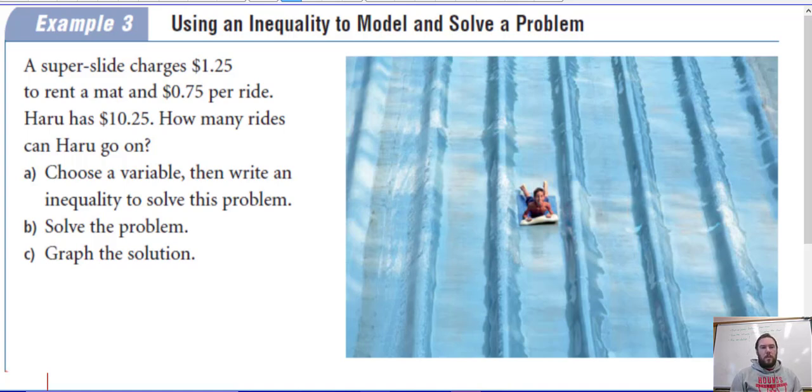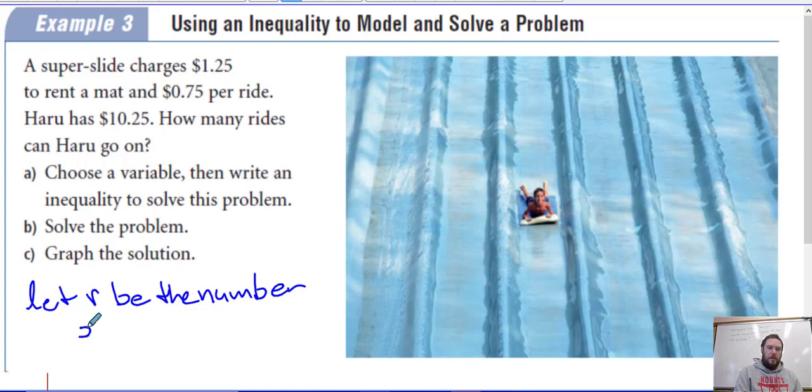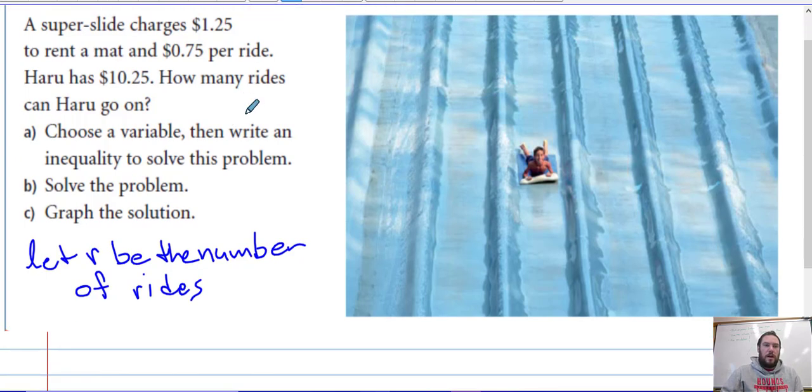So step one, choose a variable, right? So let R be the number of rides, right? So generally we want to establish some variable because that's the thing I'm going to solve for. So in this case, I'm saying R and it's standing in the place of rides.